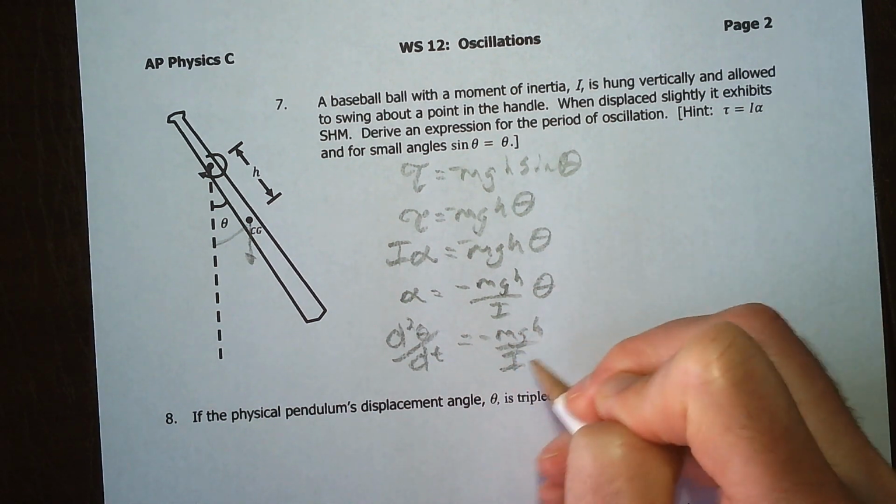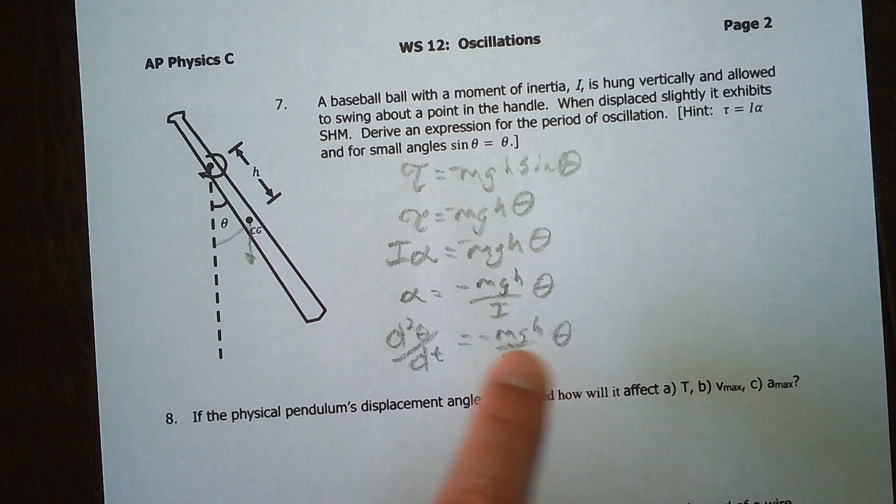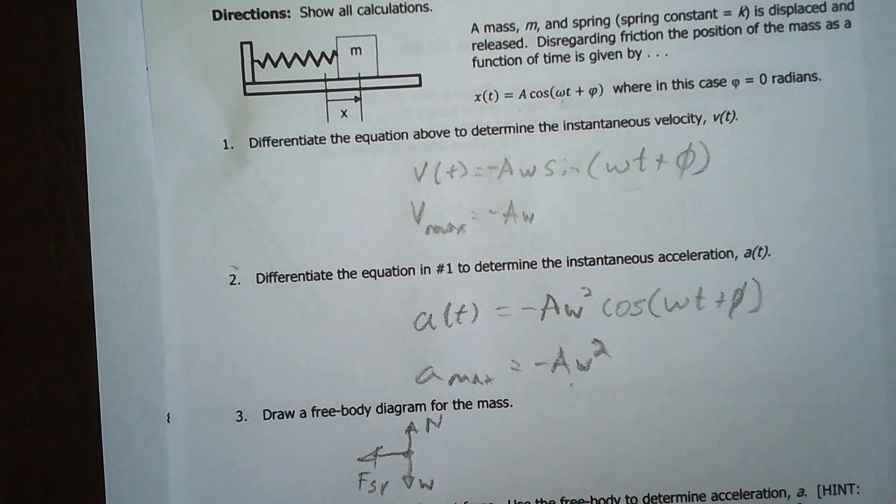Well, there's only 2 functions that exhibit this when I take the second derivative of it: I get the same function except negative, and that's sine or cosine.